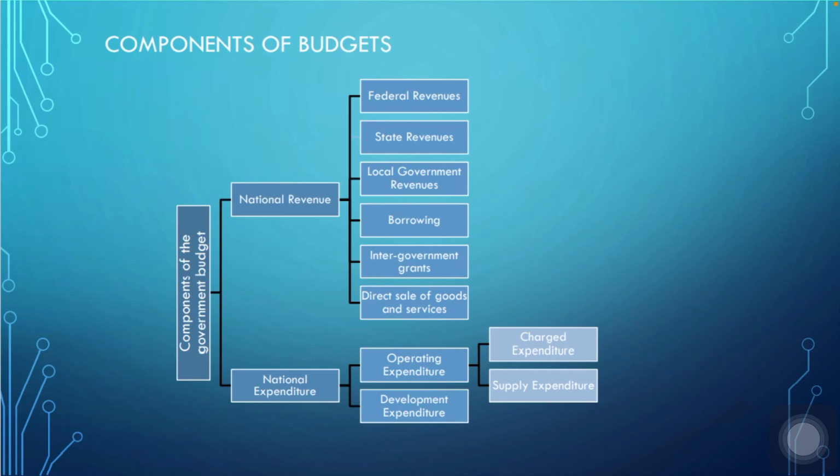Charge expenditure and also supply expenditure. And dalam national expenditure, dia ada nombor 2 iaitu development expenditure. Pembelanjaan bertujuan untuk pembangunan, more kepada infrastruktur lah. So kalau operating expenditure ni melibatkan manpower, workforce.